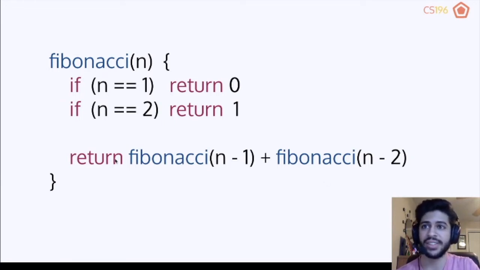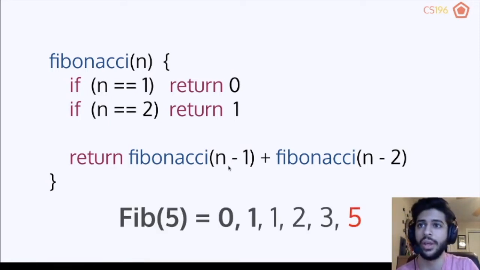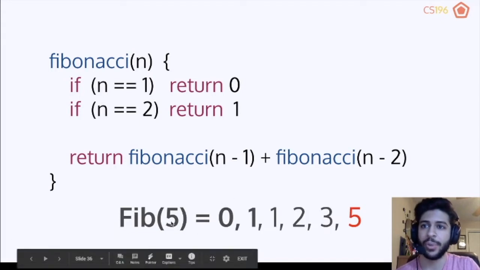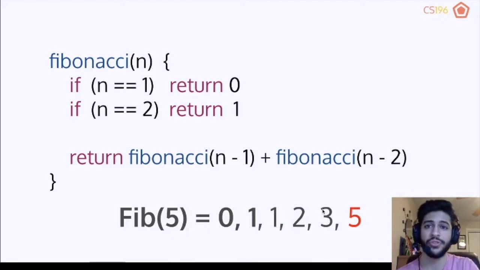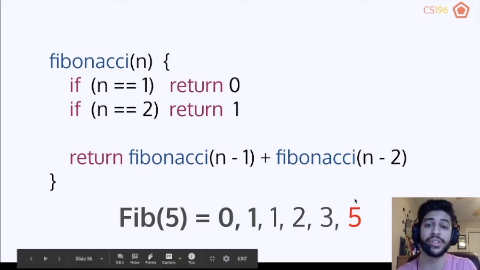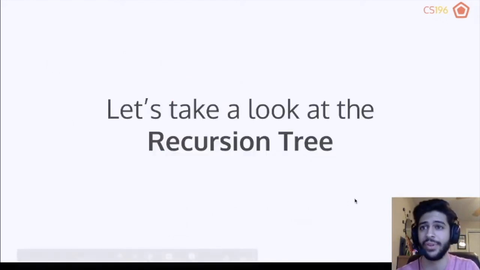These are our base cases, and we say the current Fibonacci is equal to the one before it and the 2 that came before. In this case, we have Fibonacci of 5, which is 0 plus 1, our base cases, gives us 1. 1 plus 1 gives us 2. 2 plus 1 gives us 3, and so on and so forth. And then eventually we get to 5 because 3 plus 2 is equal to 5.